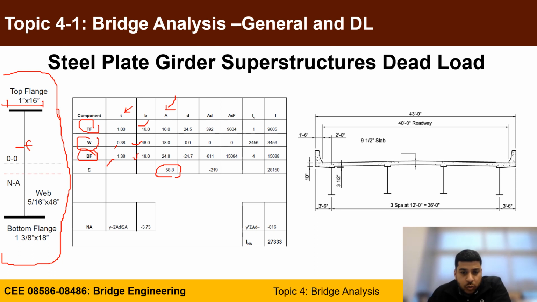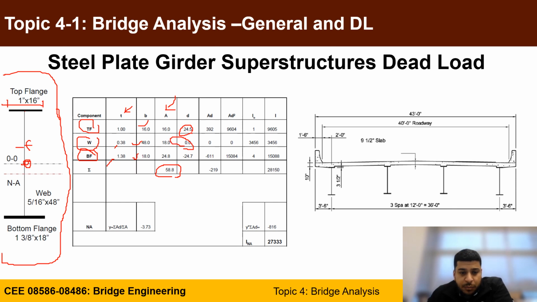You also need to get the depth D, which is the distance from the centroid of your plate to the centroid of the web. In this case, you have 24.5 for the top flange, because you have 24 from the centroid of the web to the top of the web, and half the thickness to the centroid of the top flange. The distance from the centroid of the web to the centroid of the web is 0.